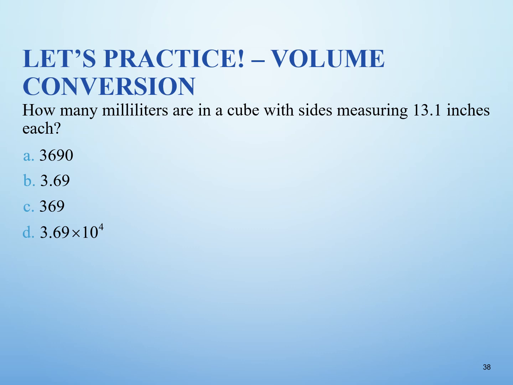So what I would do is I would remember that 1 inch is 2.54 centimeter, and then once you get centimeters cube, we know that 1 centimeter cube is 1 milliliter. Okay, so I would do 13.1 inch times 13.1 inch times 13.1 inch, right? So let's see what we get there.